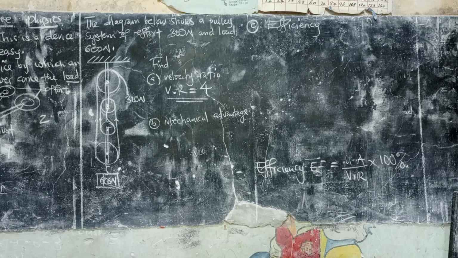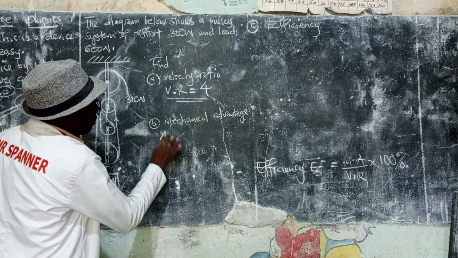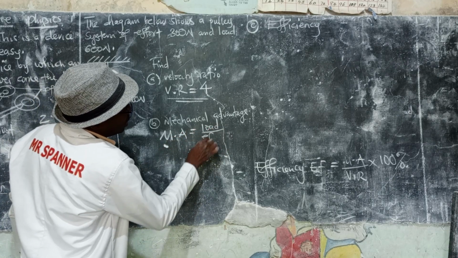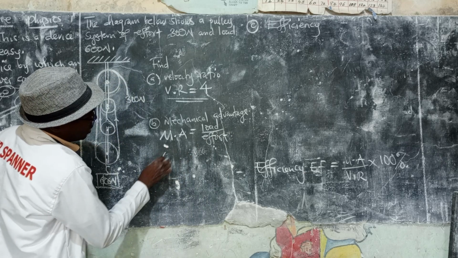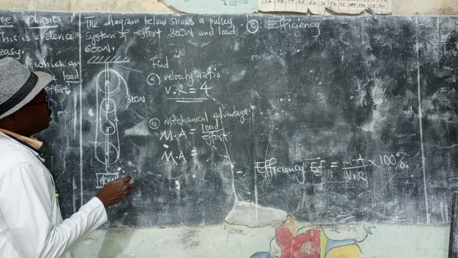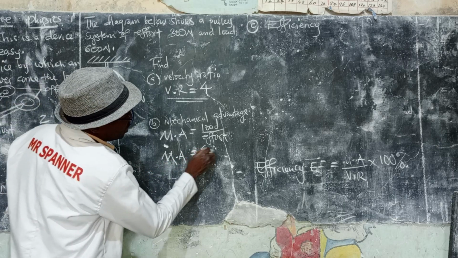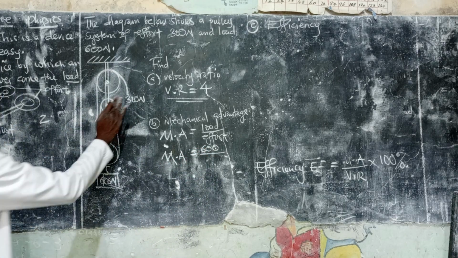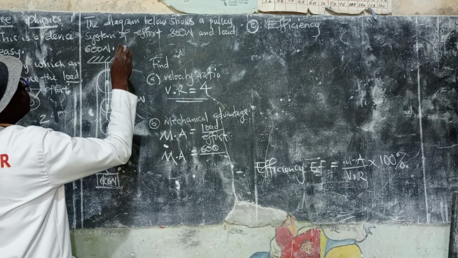Then mechanical advantage. What did I say about mechanical advantage? We said mechanical advantage is equal to load over effort. Then what is our load? Our load in this case is 600, divided by our effort, this one is 200, sorry.